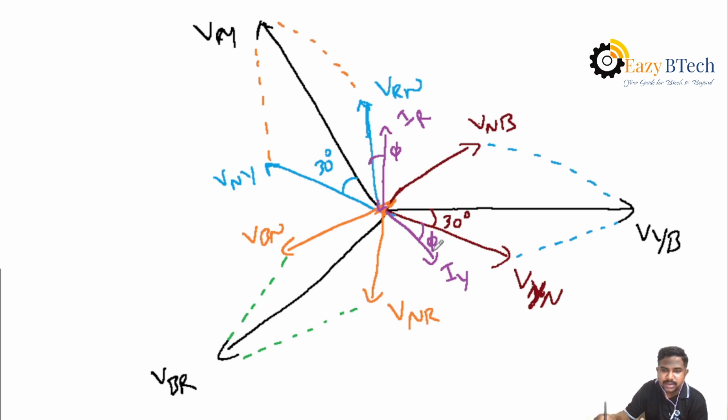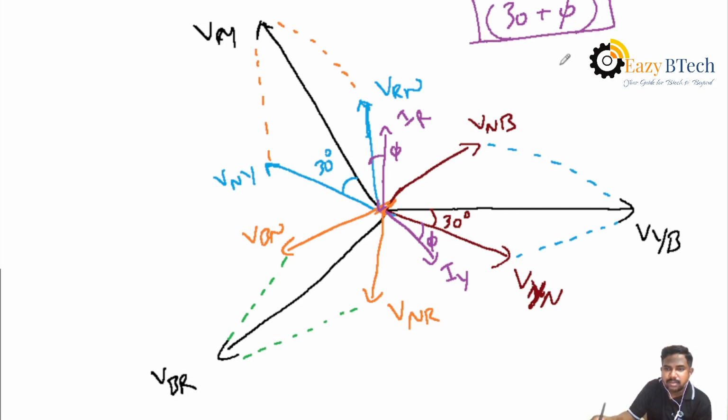The total phase angle between the line voltages and currents is 30 plus phi. Okay? That is between the current and voltage, the total phase angle difference is 30 plus phi. Remember that point here: the total phase angle between voltage and current.